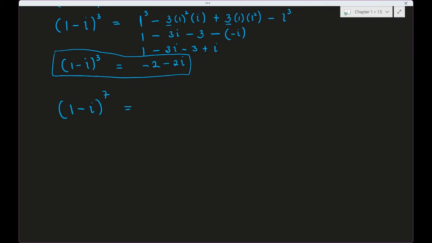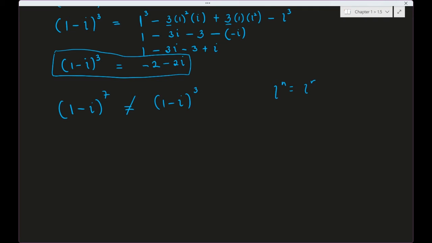Now, can we say that this is the same thing as dividing by 4, so that this becomes (1 - i) to power 3? So what happened here? You divide 7 by 4 and you say the remainder is 3. No, this is not true. So you cannot apply this rule, i to power n to i to power 3.